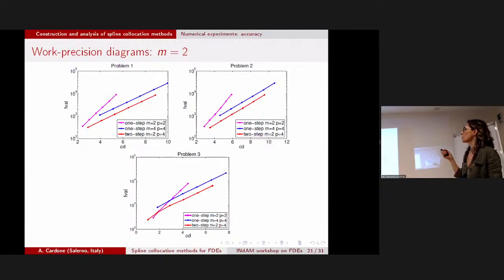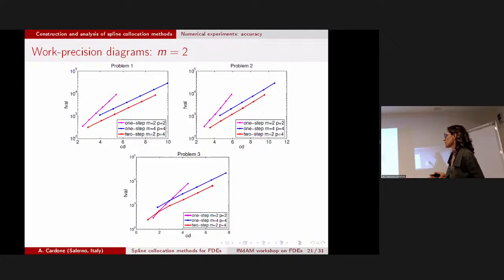And now we compared the computational cost, the number of function evaluations, versus the number of correct digits. We compared one and two-step collocation methods of the same order p equals 4, and moreover, one and two-step collocation methods with the same number of collocation parameters, and so theoretically with the same computational cost.